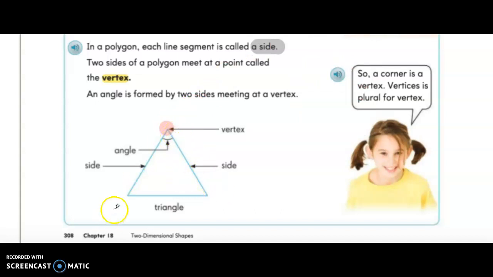Then all of these are our sides, and then they named the shape as a triangle. So a corner is a vertex. Vertices is the plural form of vertex. So when you're saying it has 3 vertices on this shape, the 1, 2, 3, that's how you would say that. So that's one of our irregular plural nouns.